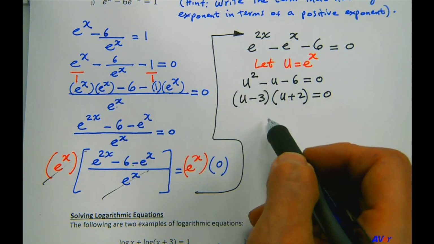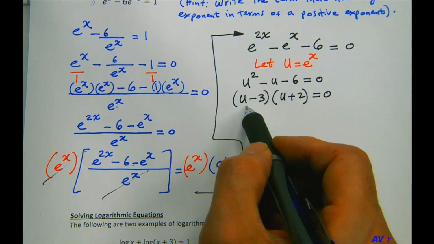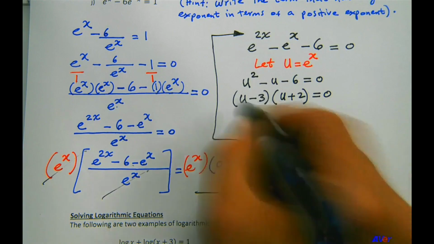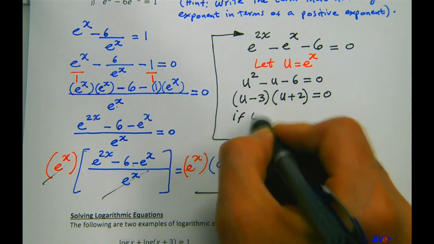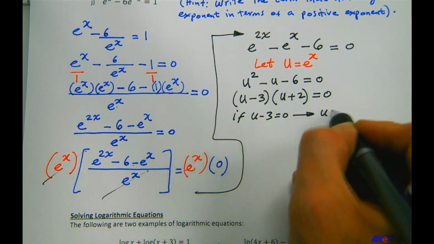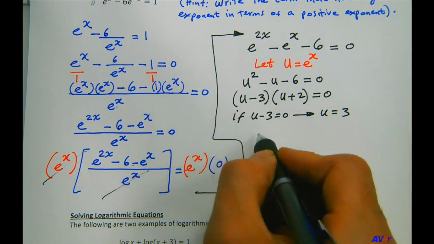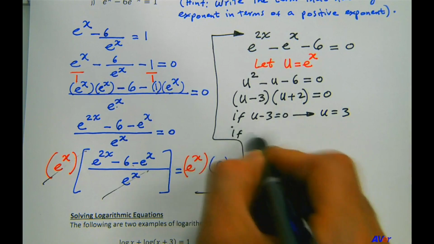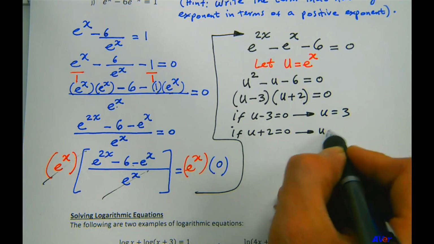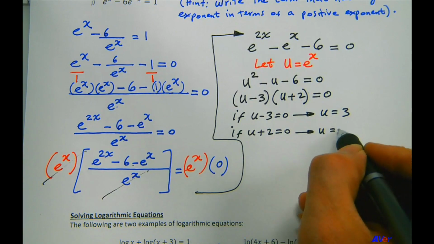So let's find out when each factor is equal to 0. If u minus 3 equals 0, then u equals 3, right? If u plus 2 equals 0, then u is equal to minus 2.